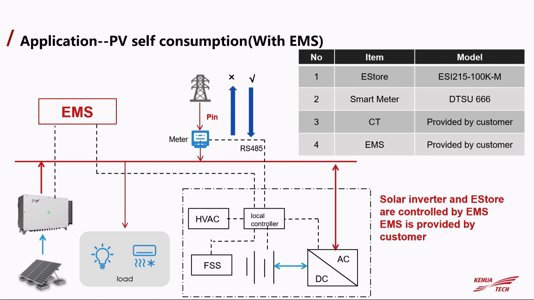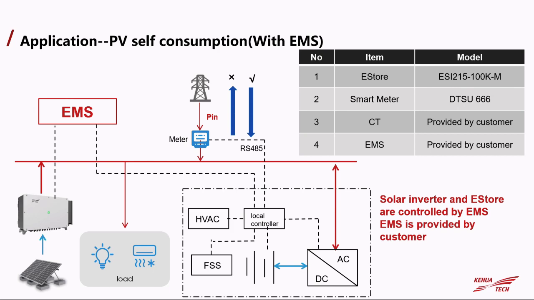And also in this situation we have the EMS. We have an EMS to manage the whole PV system and energy storage system. In this situation, our energy storage system only provides a communication protocol to the EMS, and the EMS, as an energy management system, will monitor, control and manage the whole system, including the PV system, the energy storage system, and also maybe some other parts like wind power and so on.